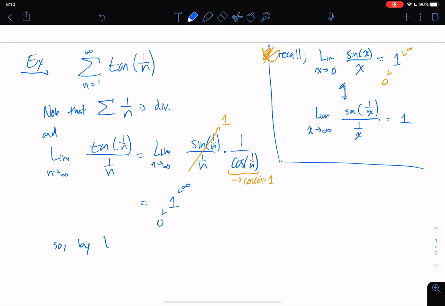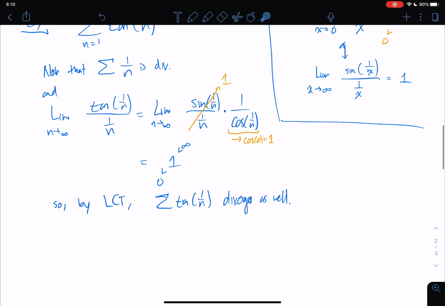So by the limit comparison test, the sum of tangent of 1 over n diverges as well. And the interesting thing here is that this little recall item on the right is true regardless of what 1 over x is, as long as it's going to 0.